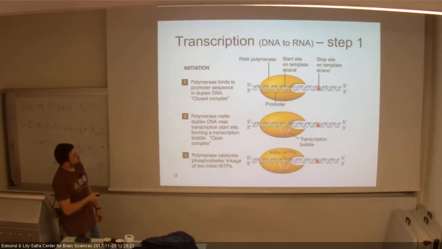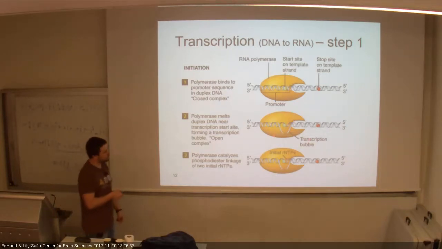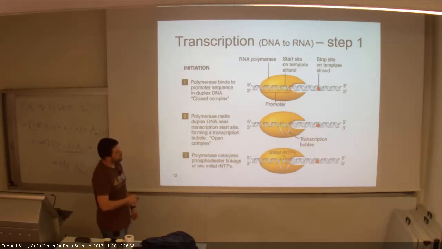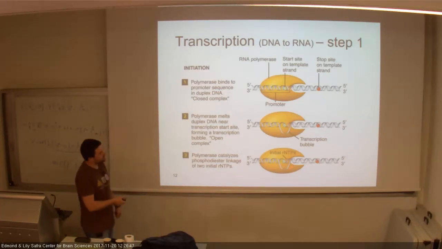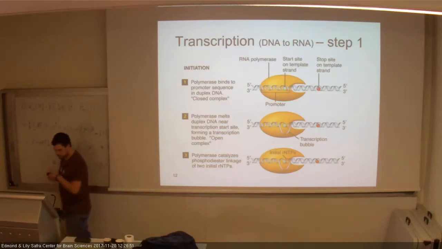What it does is bind to the promoter region, then look for a transcription start site, and from that moment on it will unwind the strands of the DNA and start transcribing an RNA that is complementary to one of the strands, and almost identical to the strand that is not transcribed.